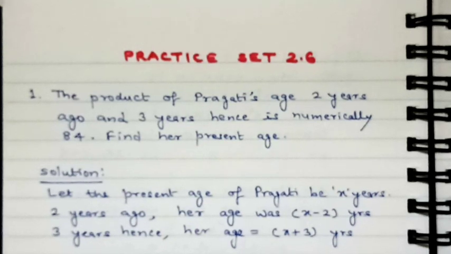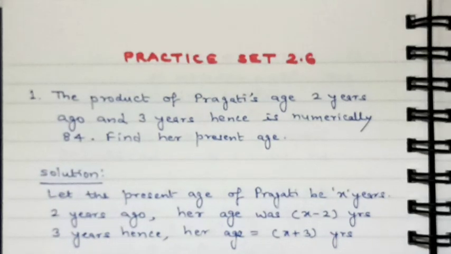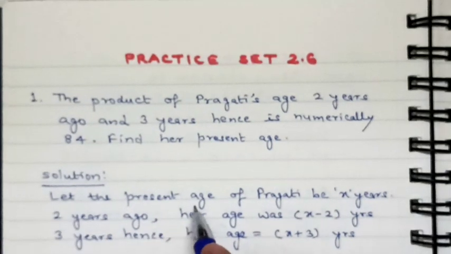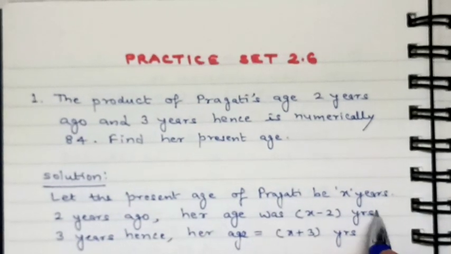For that, whatever is unknown to you, treat as a variable. Here we have to find out the present age of Pragati. So first of all we'll assume Pragati's age as x. So let's begin. We'll say let the present age of Pragati be x years.